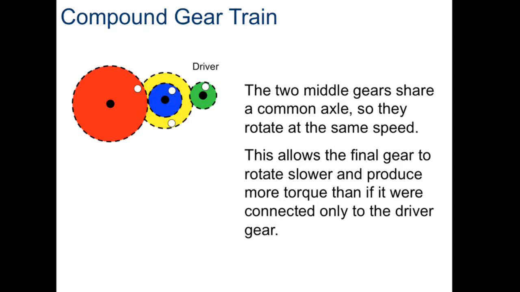If you wanted to go faster, you would end with the small gear. So if the pedals were on this big gear, and your back wheel was attached to the small gear with the chain, then it would be very difficult to spin this.